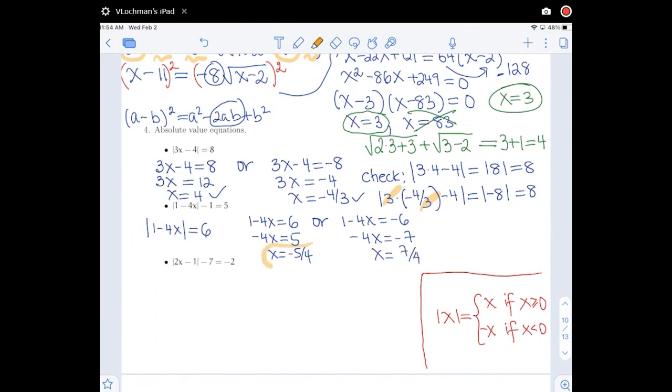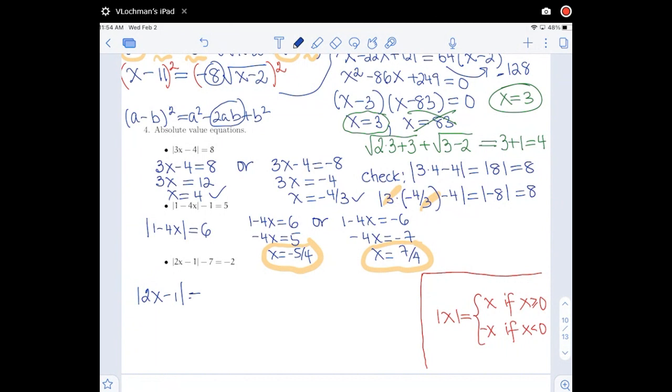So here we have two values that will give us true statements if we plug them back in. I'm not going to check it again, but if you're not sure, you can always plug it in and see what happens. You should get a true statement. Okay, let's do the last problem. What do we have here? The absolute value of 2x minus 1 is equal to what?